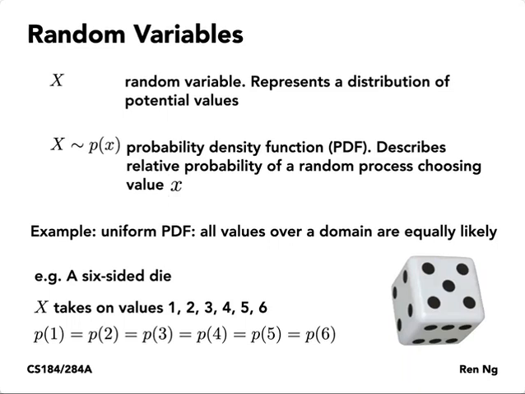In this case, the random variable X takes on specific values, only 6 discrete values, right? Only 6 sides to the die, 1, 2, 3, 4, 5, 6. And the probability density function of these values is P of 1 equals P of 2 equals P of 3 and so on equals P of 6, because they're all equally likely. And the probability is going to be 1/6.